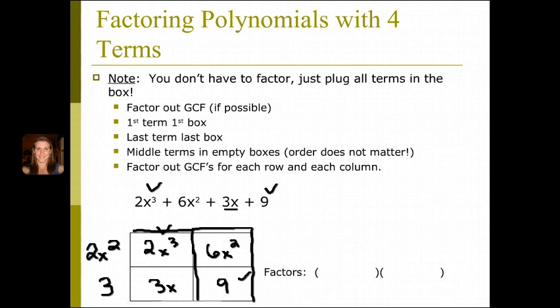The first column has just 1 x in common, and our second column has a 3 in common. So we need x squared as our first factor plus 3, and our second factor is x plus 3.